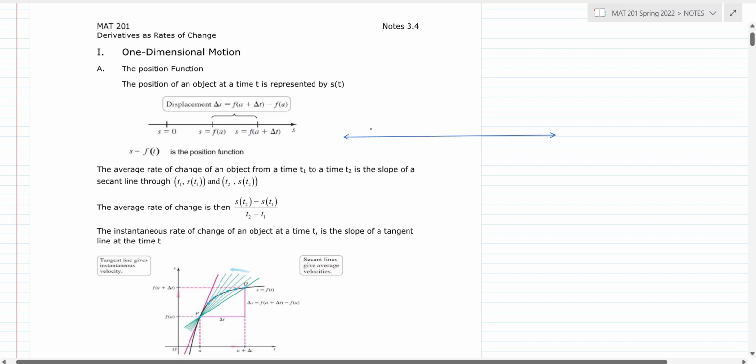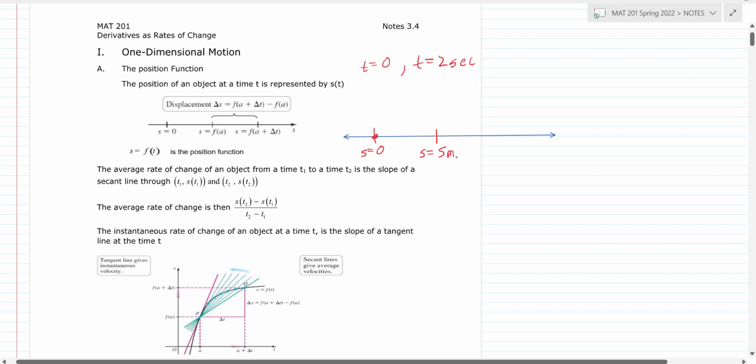Okay, so let's just say, for instance, that you have some time, t equals 0, and you can represent that as your position. And then let's say 2 seconds later, you have a different displacement. So right here, the displacement is 0 at the beginning, and right here after 2 seconds we will say that we went, say, 5 meters in those 2 seconds.